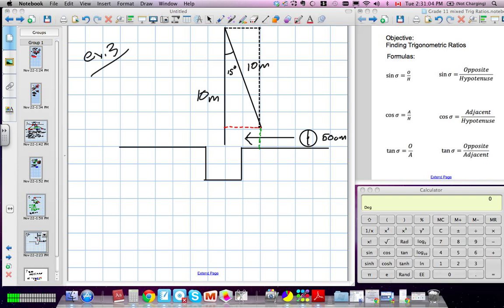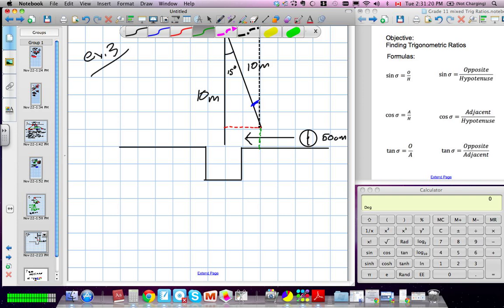Okay, so according to our rules, we know this is 15 degrees. And remember, we have a Z pattern, so we know that this is also going to be 15 degrees. We know the hypotenuse of our new triangle here is still going to be 10 meters. It doesn't change in distance, this pendulum, at all. What we're going to have to figure out is how long this part is.